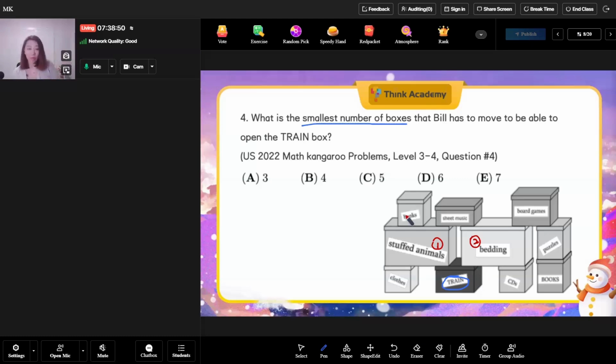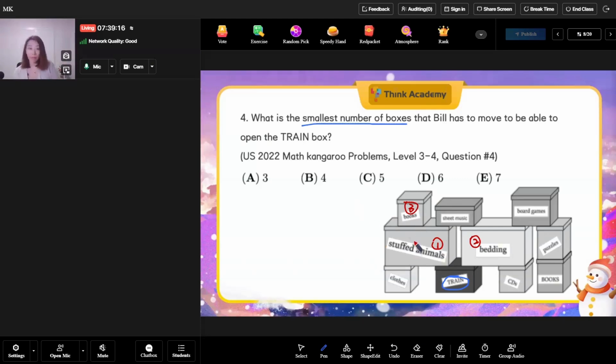All right, then let's go to the stuffed animal. In order to move the stuffed animal, which boxes do I need to move first? So I need to think who is blocking the stuffed animal box, right? Let's take a look, the books box is directly on top of the stuffed animal. So in order to move the stuffed animal, I need to move the books first.